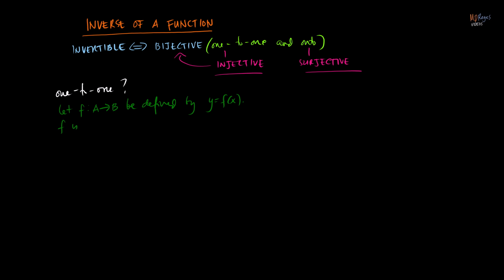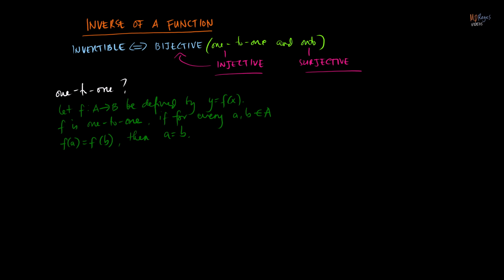We say that f is one-to-one, that is injective, if for every a and b in the domain of the function, f of a equals f of b, then a equals b.